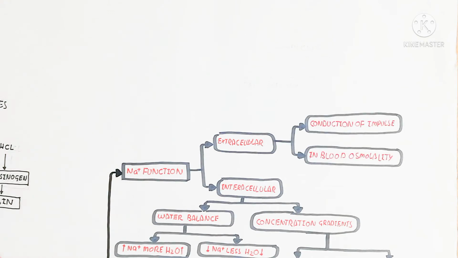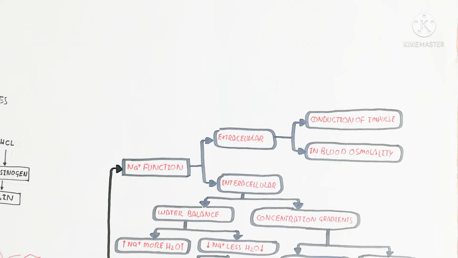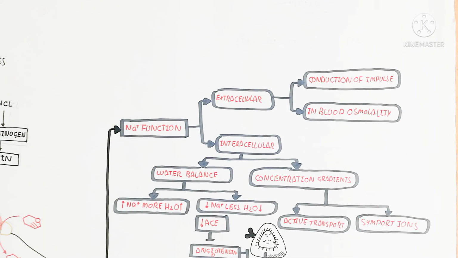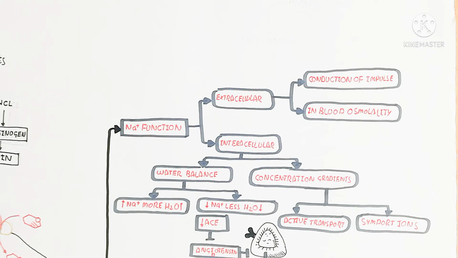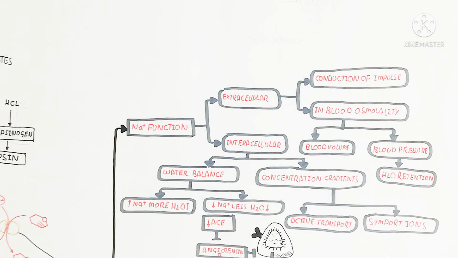On the other hand, the extracellular function is the conduction of impulse and blood osmolality. Blood osmolality means that increased sodium means increased water retention. The conduction of impulse means the sodium potassium exchange in the nerve.